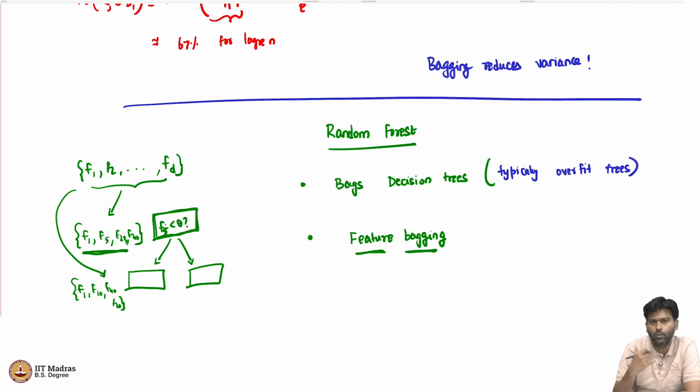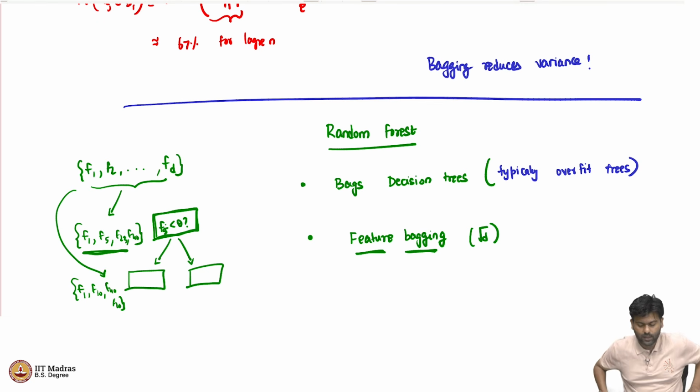One typical point is that in practice the number of features that you would use when you do this bagging is approximately square root of d, right. So if you start with d features, at every round you only pick square root of d features to build your tree on, to decide which is the best feature comma threshold value. And there is some theoretical reasoning as to why square root of d is a good idea in classification problems.